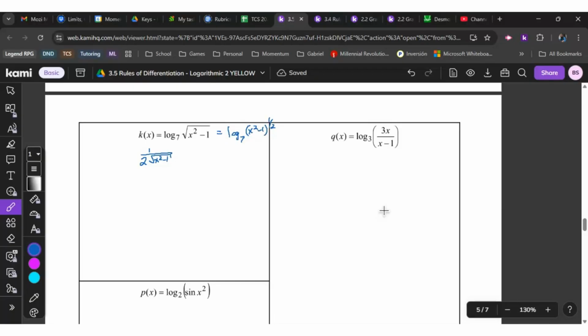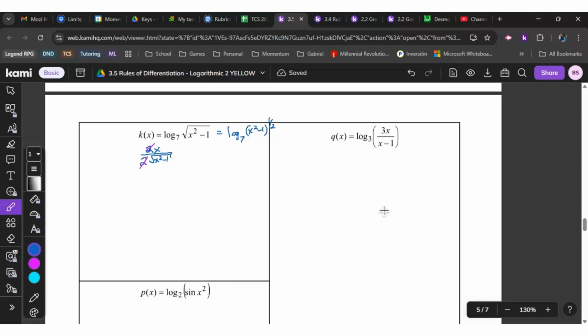And why don't you put it in parentheses 1/2? Same thing. Square root. But which one is easier? I don't know. Square root's easier to look at, to read, but I would say 1/2 is easier to do math with. Okay? And then I need the derivative of the inside here, which is 2x. So I'm going to put a 2x on the top, which means that my 2's go away.